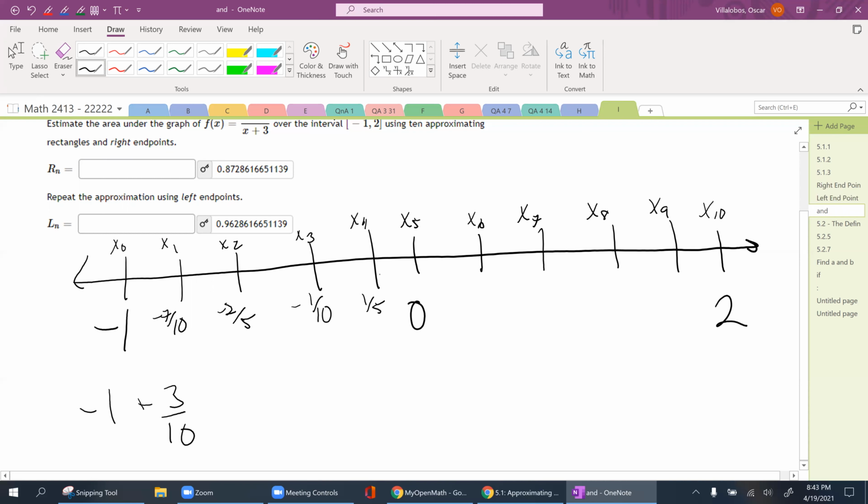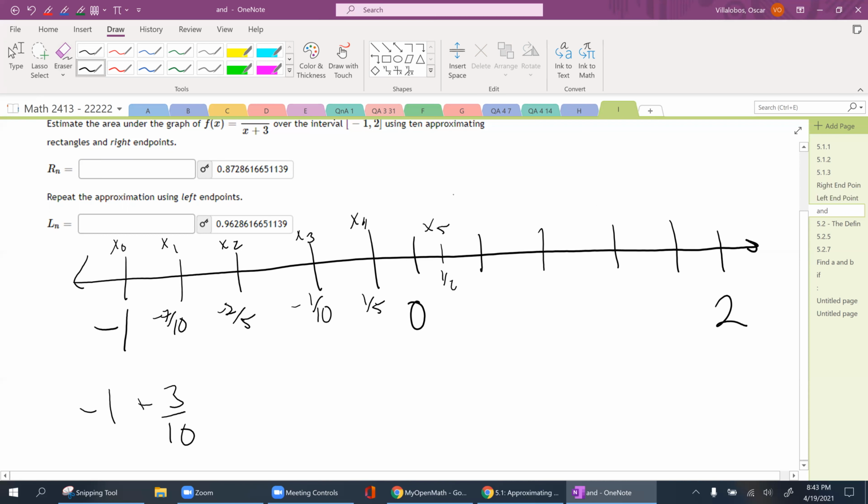Actually, 0 is not my x5. The next, my x5, would be 1/2.